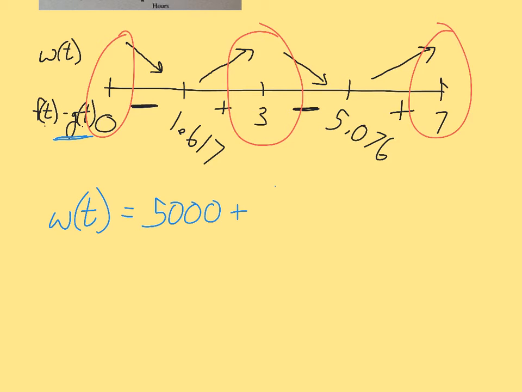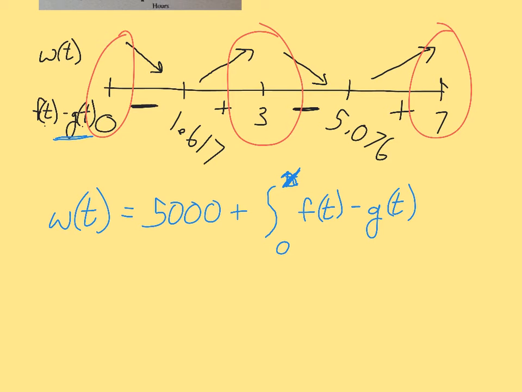Well, that's an integral, and I'm going to take this integral from 0 to whatever time we're looking for. So I'll put x here, of f of t minus g of t. That becomes our integral. And even that could change depending on the time that we're looking at.